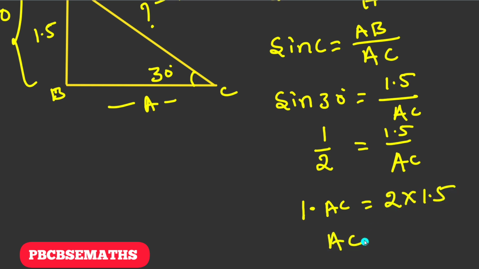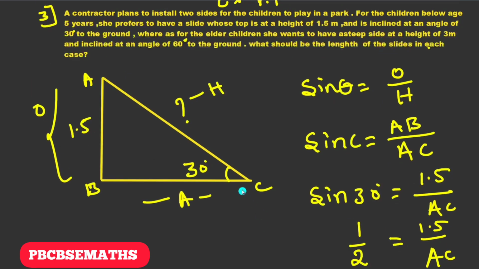So the length of AC is equal to 2 times 1.5, that is 3 meter. So if the height of the top of the slide from the ground is 1.5 meter, then the length of that slide should be equal to 3 meters. That is the first part of this question.